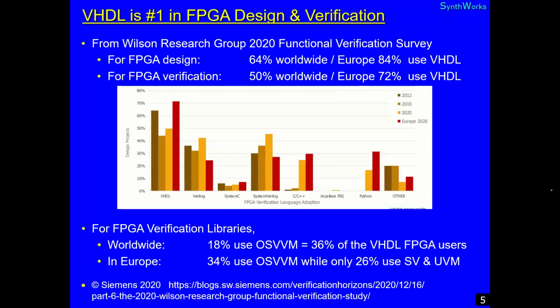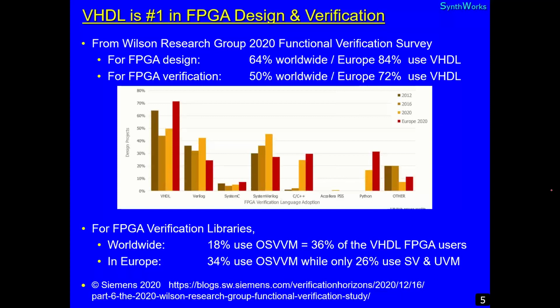From a verification library sense, worldwide, 18% use OSVVM, or if we translate that to just VHDL, that's 36% of VHDL users in the FPGA space. In Europe, 34% use OSVVM, and only 26% use SystemVerilog and UVM.